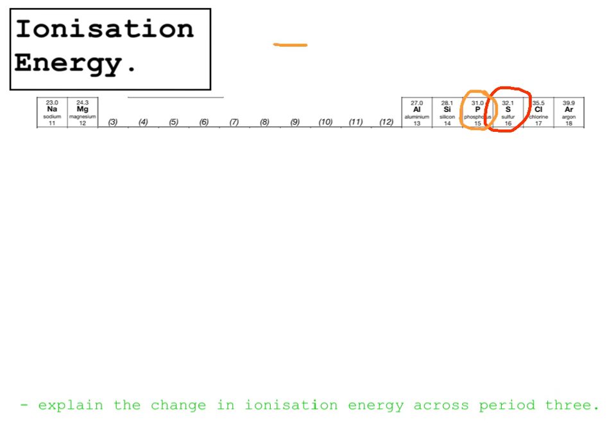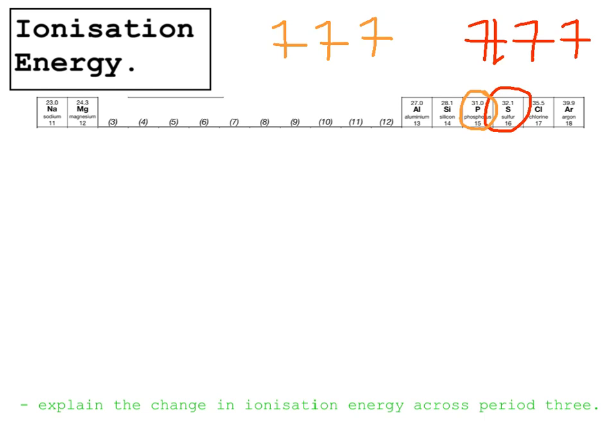For phosphorus, there are 3 electrons in the p orbitals, like that. But for sulfur, there are 4 electrons in the p orbitals, like that. And you'll see that the extra electron is now paired with another electron. And that added repulsion from those 2 electrons being paired will push that electron away slightly, and therefore make it slightly easier to remove.